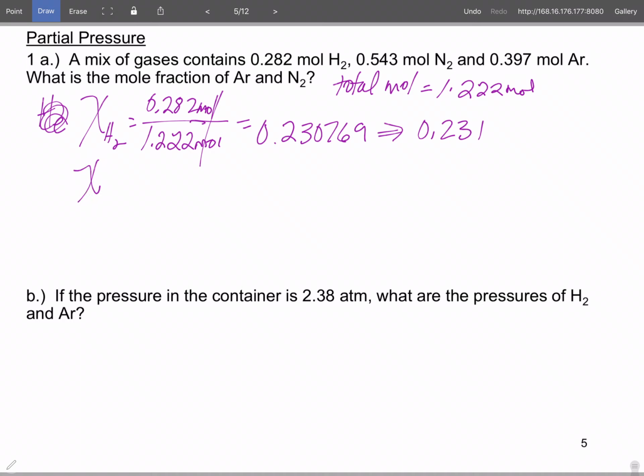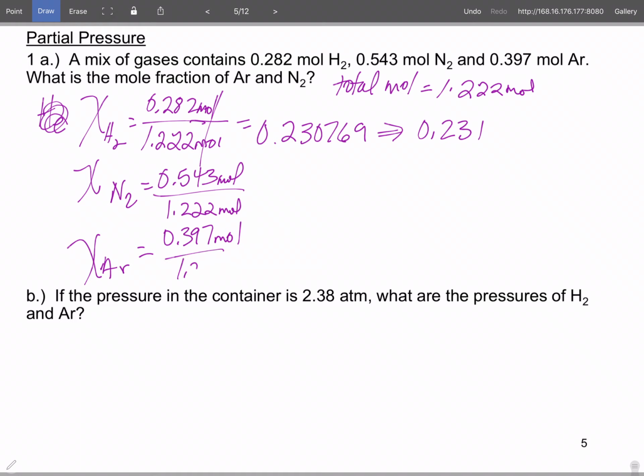Okay, so for nitrogen, it's going to be 0.543 moles over 1.222 moles. And for the mole fraction of argon, it would be 0.3937 moles divided by the total moles, which means we get 0.443535, which is 0.44.